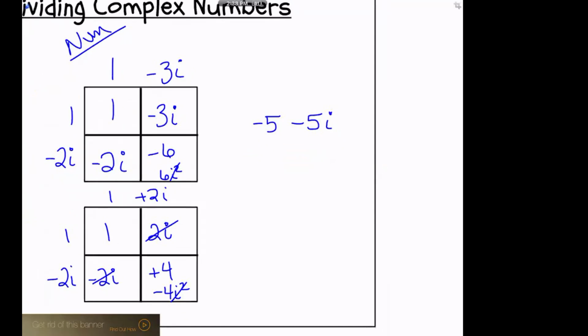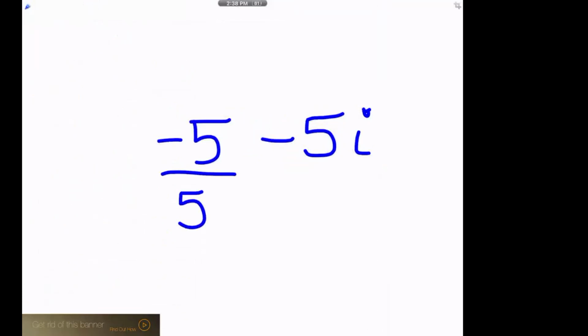So now looking at this, I need to divide both pieces, the real and the imaginary, by the denominator, which happens to be 5. So looking at this, I definitely can simplify this one here.